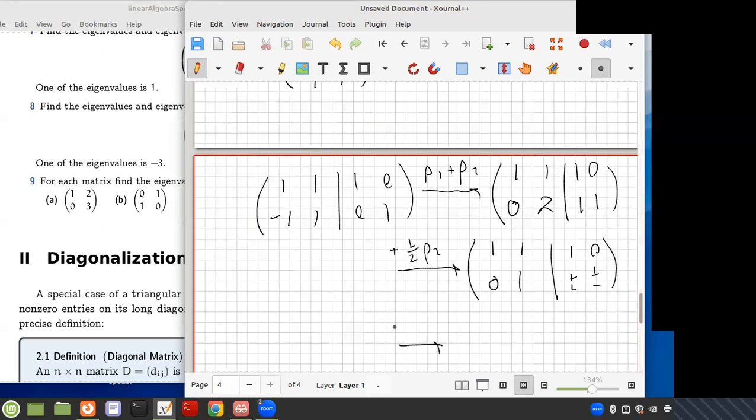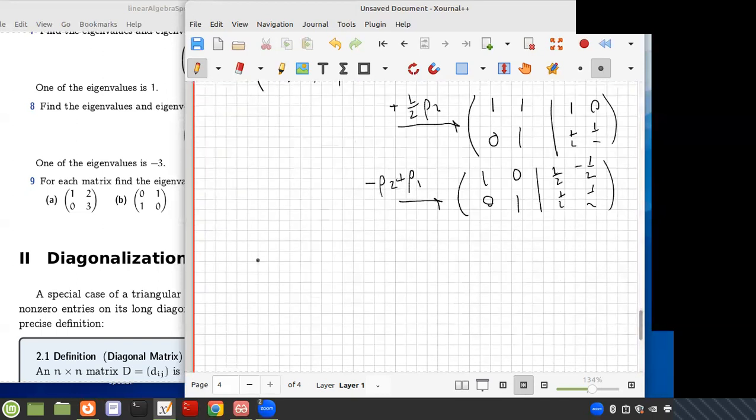Then we would do minus row 2 plus row 1 to get 1, 0, 0, 1. And this would be 1 minus 1/2, so we'd have 1/2 there, and then the second row wouldn't change, and then this would be minus this plus this, we'd have minus 1/2 up here.